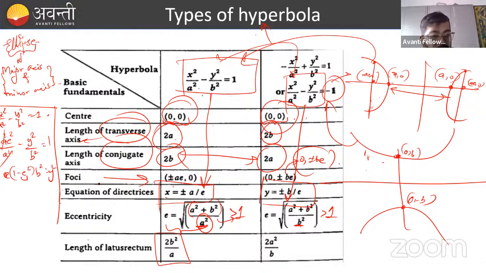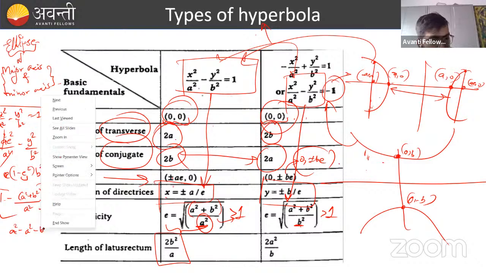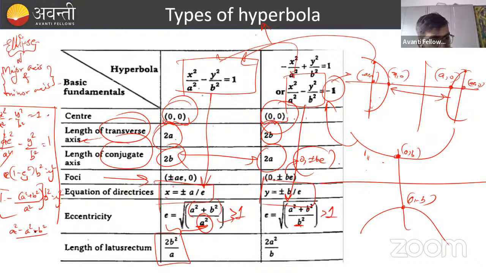Now we know e square is a square plus b square upon a square, and this into b square equals to y square, right? So this becomes a square minus a square minus b square by a square into b square equals to minus y square.